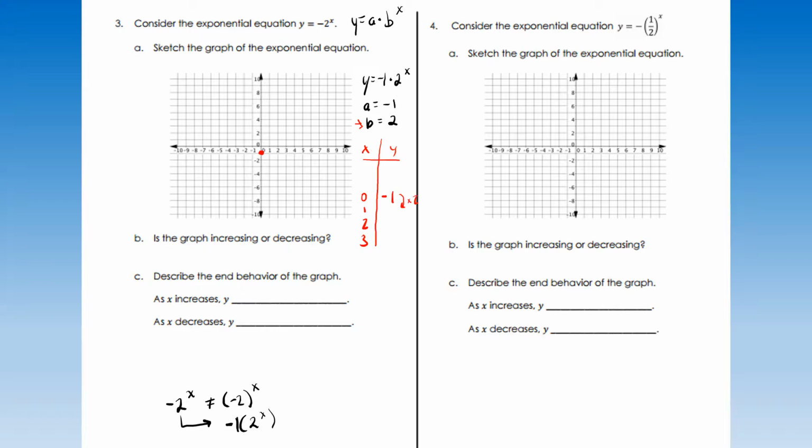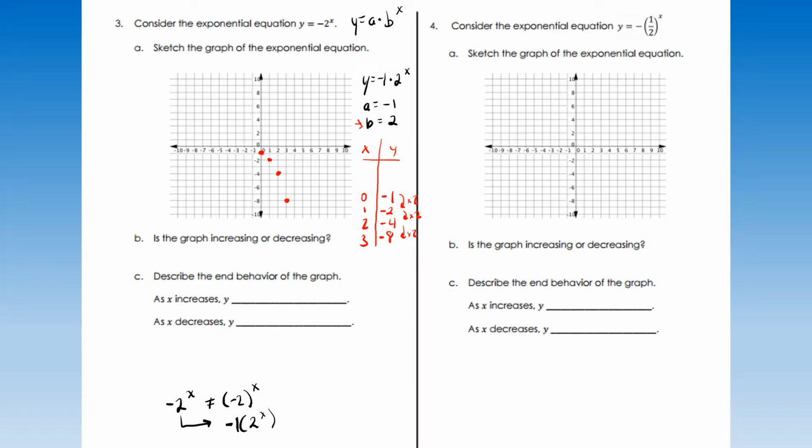And -1 times 2 is -2. So if I move over where x is 1, y is now -2. To get to the next one, I multiply by 2 again, so that's going to be -4. So 2 is at -4. And then the next term, I multiply by 2 again. So -4 times 2 is -8. So 3 is over at -8.